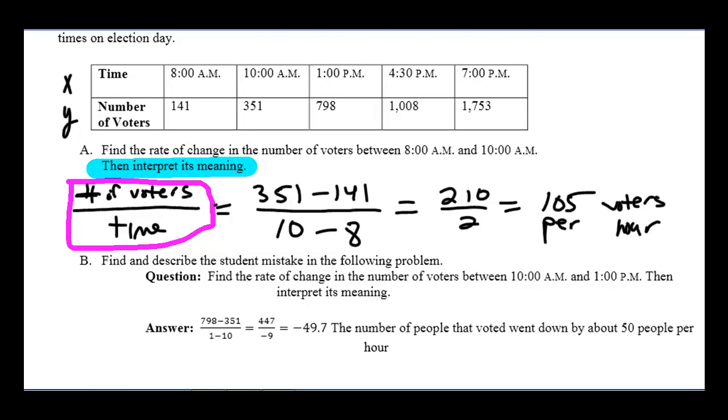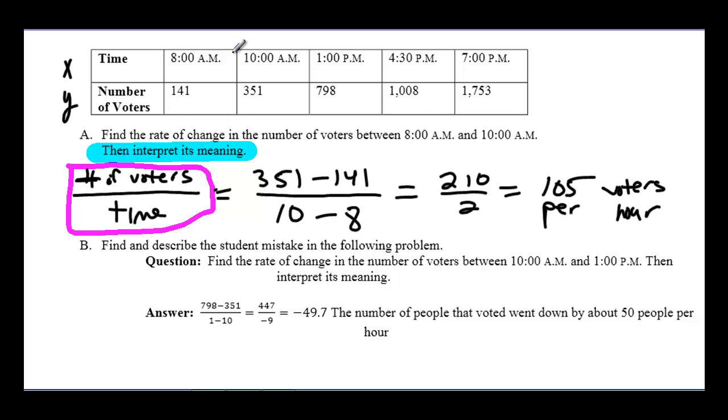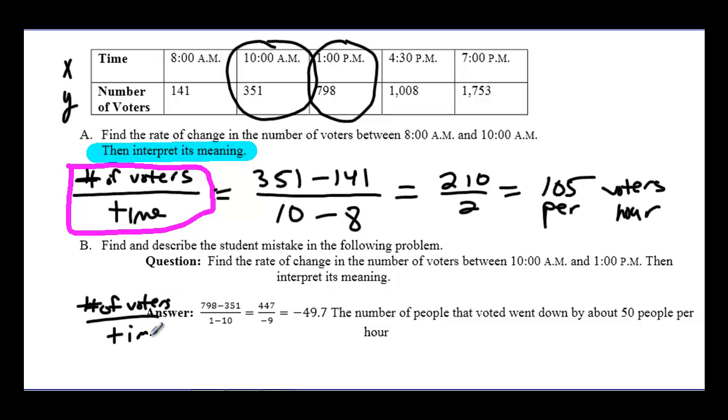Okay, so here's my 10 a.m., here's my 1 p.m. So this person has set up their number of voters on top, which is what we did last time, over time on the bottom. So it looks good. They have 798 minus 351, and we have 1 minus 10.